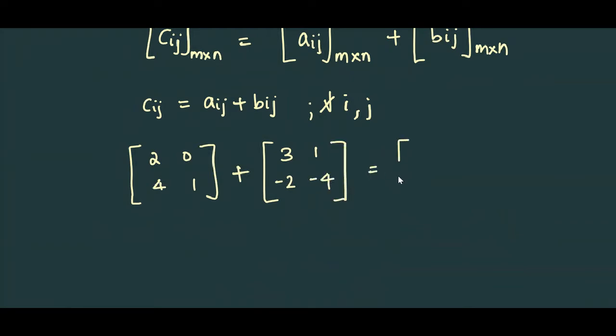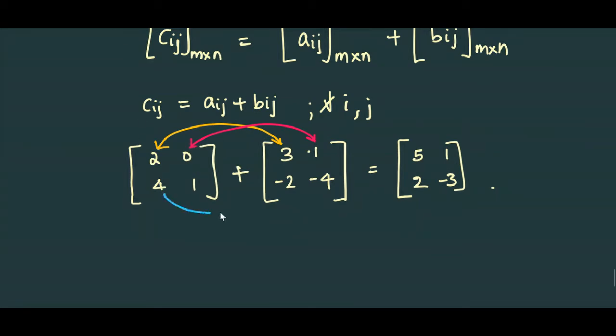So when you add them, the corresponding elements get added. 2 plus 3 is 5, 0 plus 1 is 1, 4 minus 2 is 2, 1 minus 4 is minus 3. That is matrix addition, which we know. It is not a new thing for us.